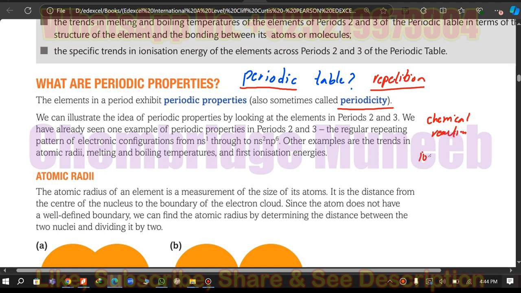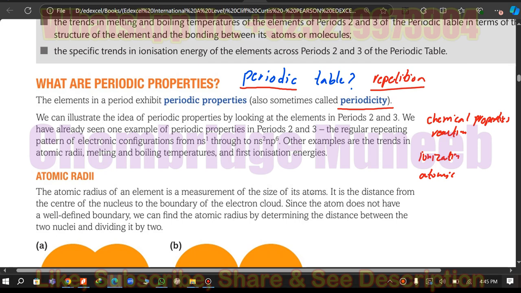It includes ionization energies, atomic size, electron affinity and all these properties. So these chemical properties are repeated periodically in the periodic table.